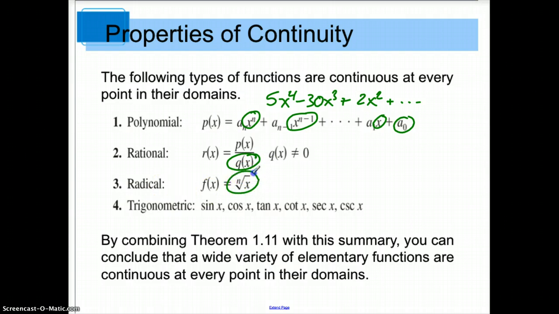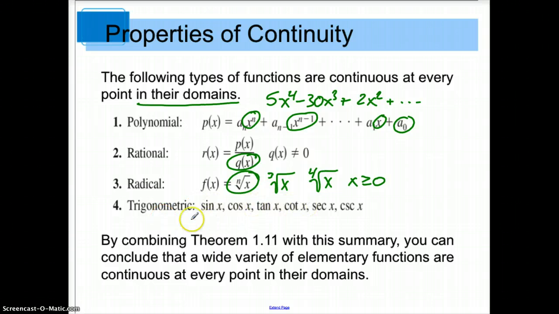Radical functions are continuous everywhere. Remember, if we have a cube root of x, all values are in their domain. All values of x are in there, but if we have an even root, then only positives and 0 are in the domain. So they're saying that as long as you stay within the domain of this function, the rest of it's continuous.